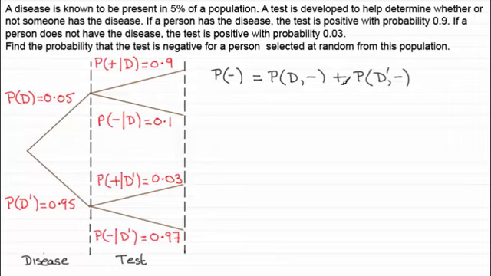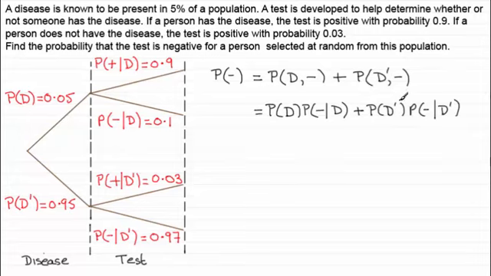Plus, because we're dealing with mutually exclusive events, an OR situation, this other branch down through here. That's the probability of not having the disease, and then carrying on to test negative given that they did not have it. So that's that one there. And you can write that notation in here with those dependent probabilities.